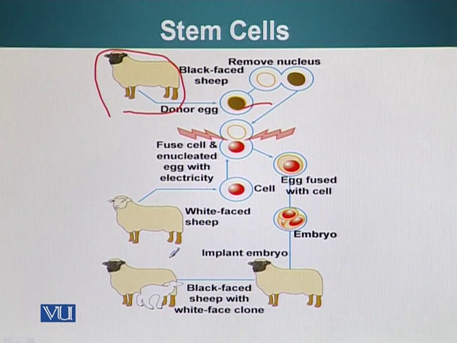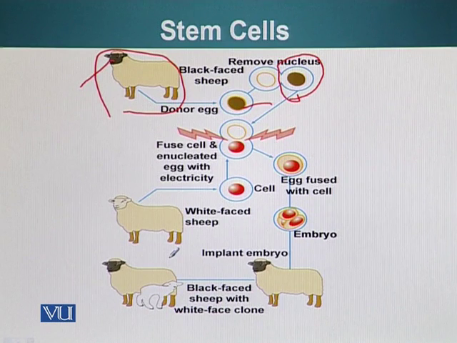We will take another cell from the body of an adult sheep. In this case, our donor has a black face, so it is a black-faced sheep. The somatic cell, or cell from a different part of the body, we are going to take is from a white-faced sheep. So the enucleated egg will be fused with this somatic cell.